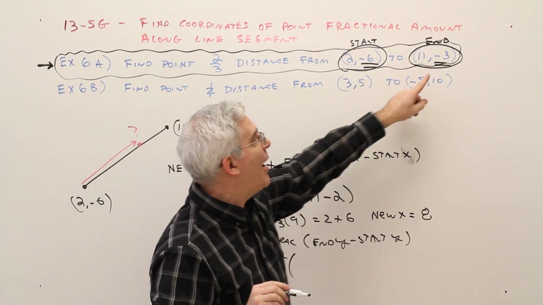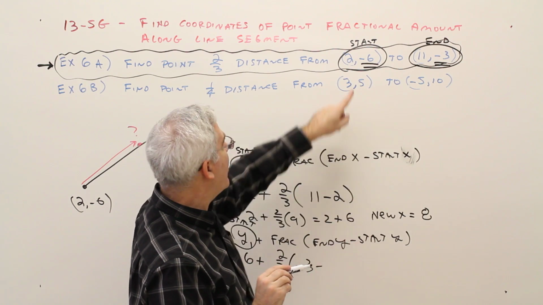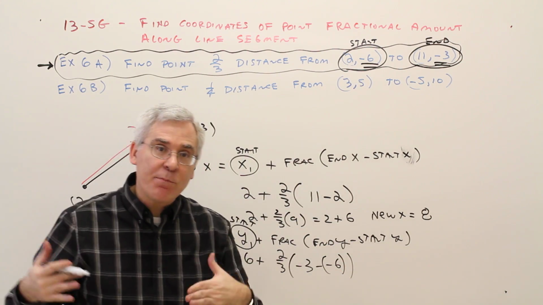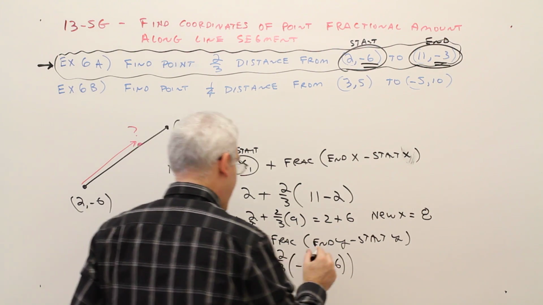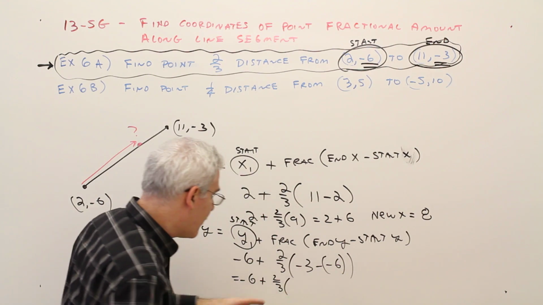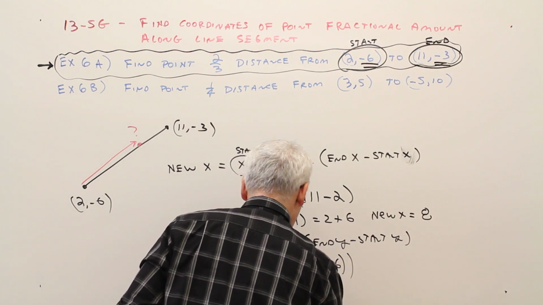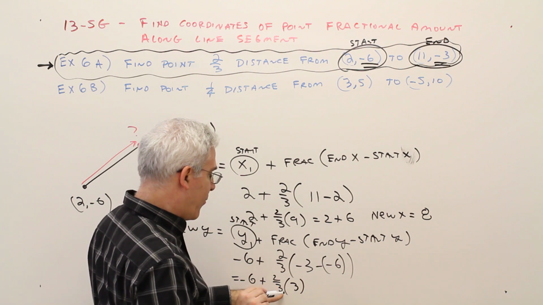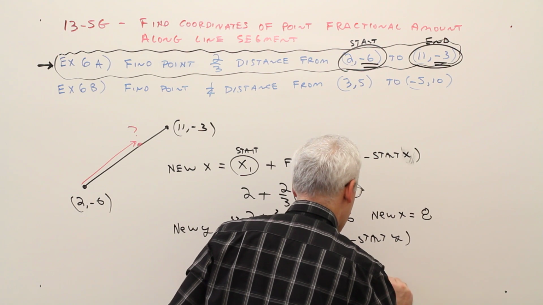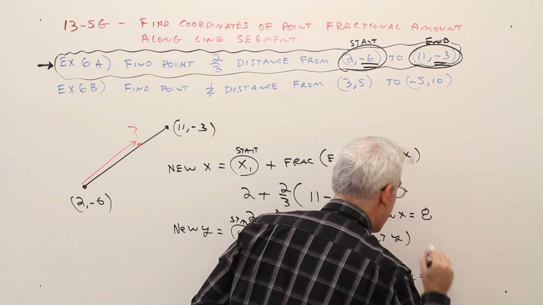My ending y is -3. My starting y is -6. Be careful with the minus minus. All right, so that'll equal -6 plus 2/3 times (-3 plus 6), 3. And then 3 divided by 3 cancels, so that'll be -6 plus 2. So my new y value will be 4.